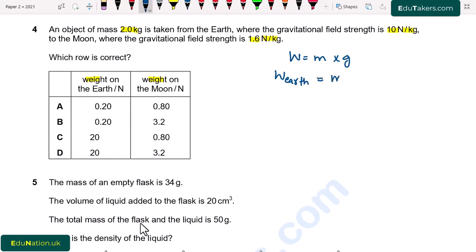It will be equal to mass multiplied by the value of g on earth. The value of g on the earth is 10 Newton per kilogram. I write here, mass is equal to 2.0 multiplied by g is equal to 10. So the value of the weight comes to be 20 Newton.